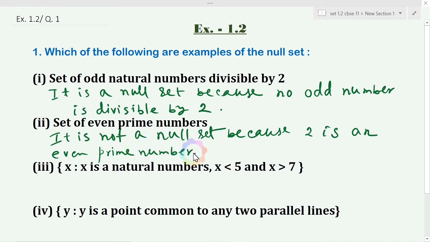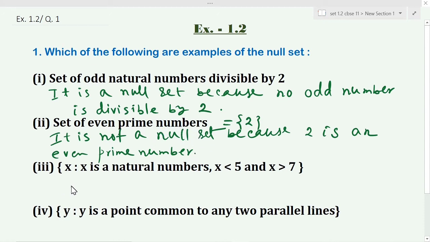So this set contains the element 2. So this is not a null set or empty set.